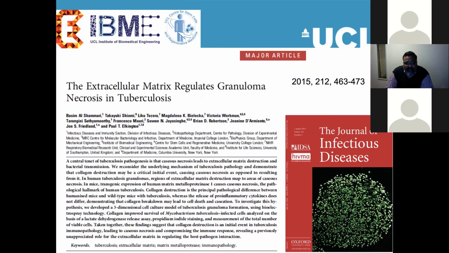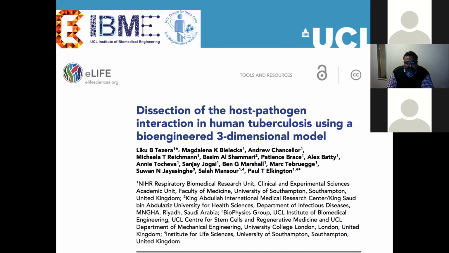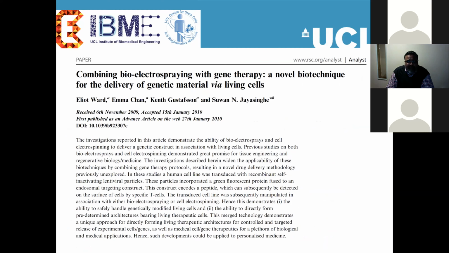This is another article that we published with respiratory consultant Paul Elkington in Southampton. He's a guru in respiratory medicine, and what we showed here is that we can model human tuberculosis. We published several papers with that group, and we are now making various other 3D models as well.